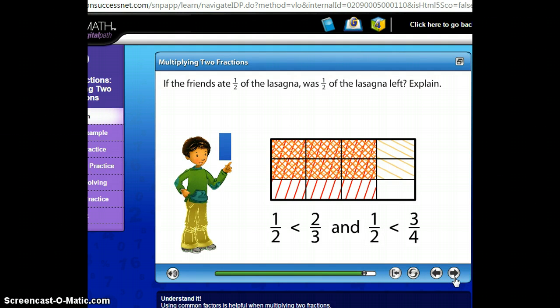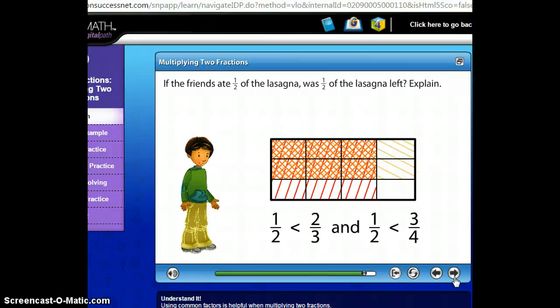If the friends ate 1/2 of the lasagna, was 1/2 of the lasagna left? Explain. Okay. If they ate half the lasagna, was half the lasagna left? Okay, listen. If they ate half of the lasagna that was there, is there half of the lasagna left?